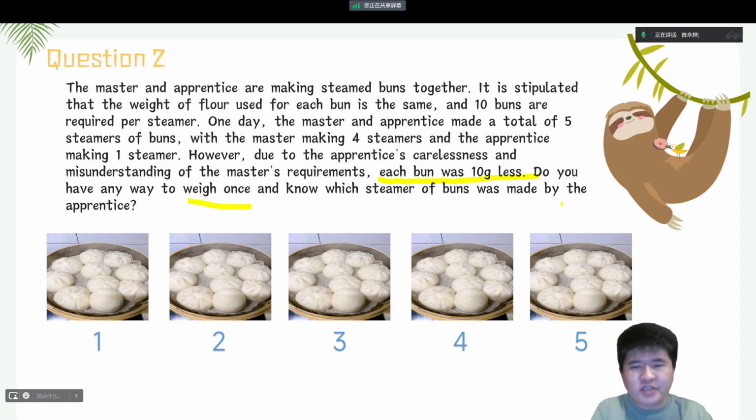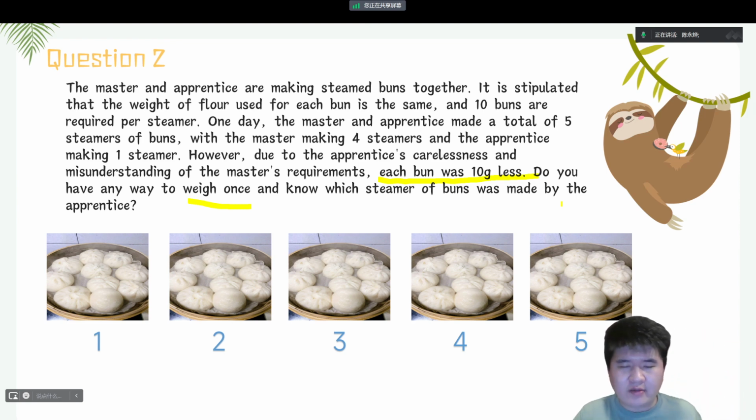So if the difference here is 50, what does it mean? We have 50 grams less. And each bun made by the apprentice will be 10 grams less. So how many buns were made by the apprentice among these 15 buns? It will be 5. And which steamer will be the apprentice's steamer? It will be the last one.